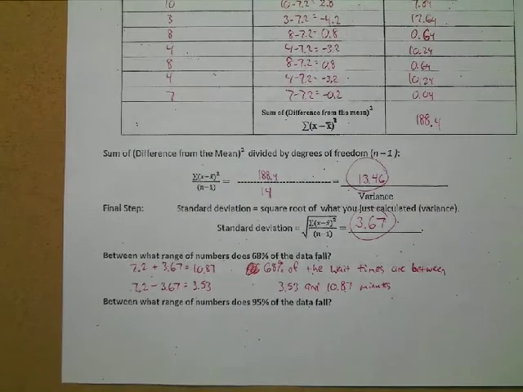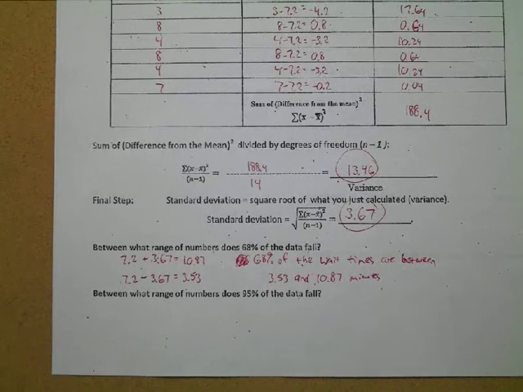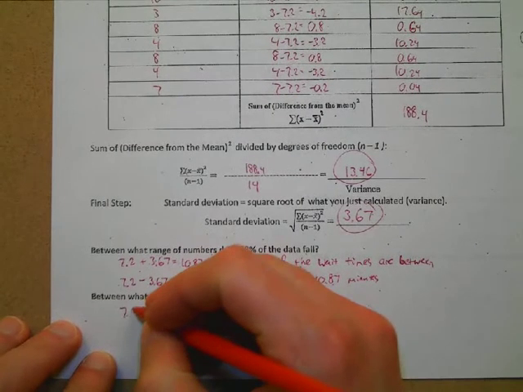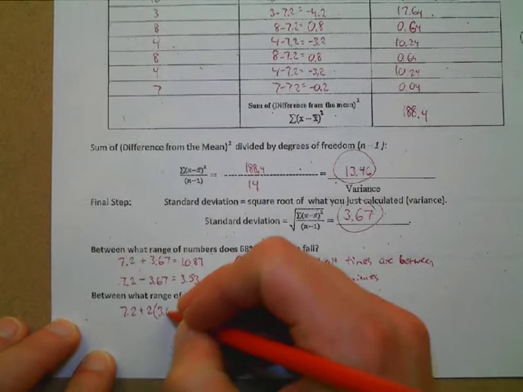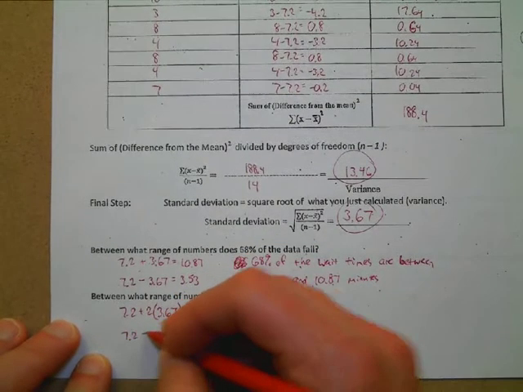Okay? If we want to find 95% of our data, how many standard deviations do we have to go out? So again, from our mean, if we go one standard deviation in the positive direction, one in the negative direction, that gives us 68%. How many standard deviations do we have to go out for 95%? Two. So from the mean, 7.2, add 2 standard deviations, and subtract 2 standard deviations.